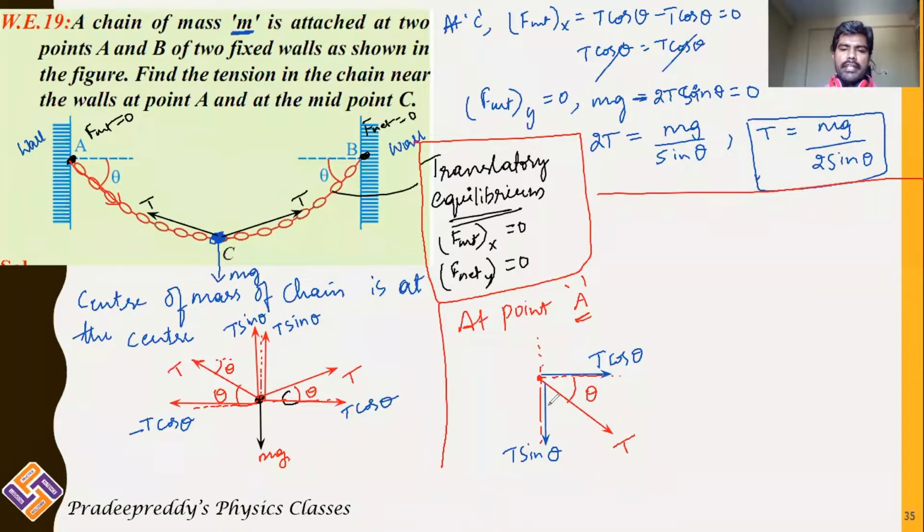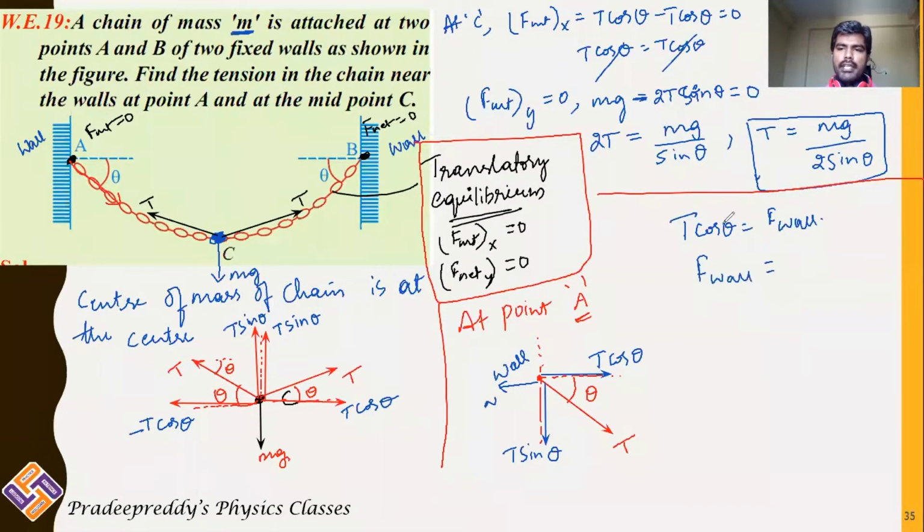Now T sin theta is balanced with gravitational force, and it is in the downward direction. T cos theta is to the left side. T cos theta is applying force on the wall, is it not? Therefore the wall will exert an opposite force, the normal reaction N. So T cos theta is equal to the force on the wall.